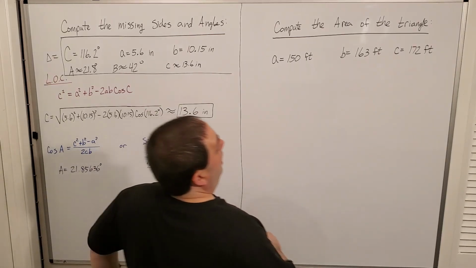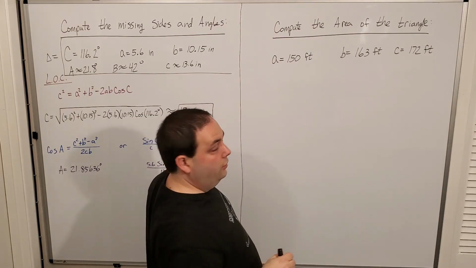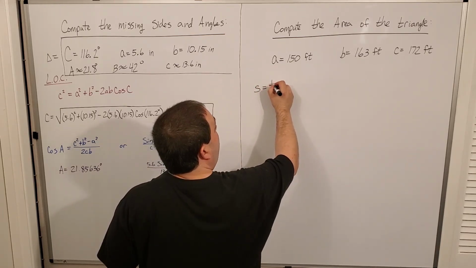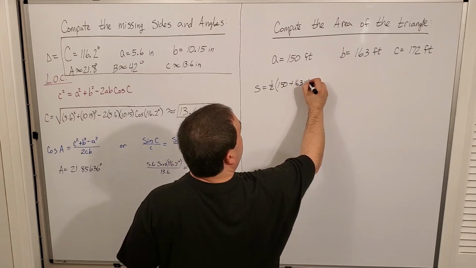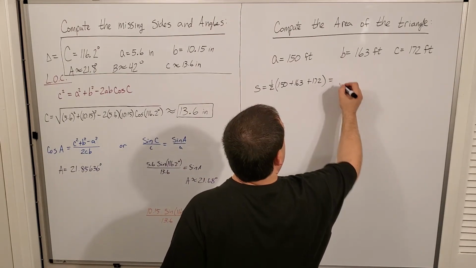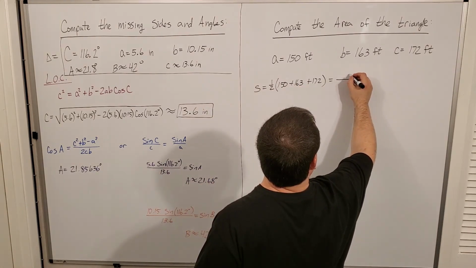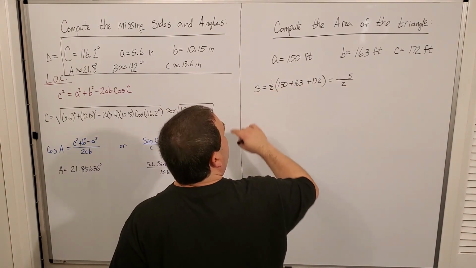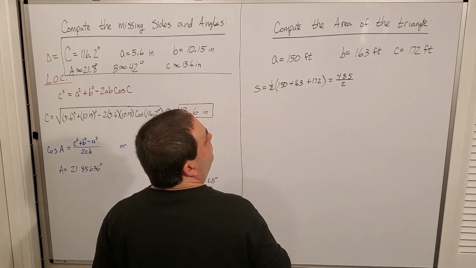Heron's formula, I just need to find the semi-perimeter and then set up a quick square root, and then we're done. So the semi-perimeter, S, is just 1/2 of the sum of these, right? So 150 plus 163 plus 172. Okay. So let's see, we've got 5 and 13, 18, 485 over 2.